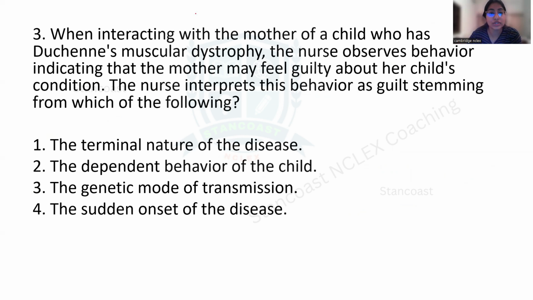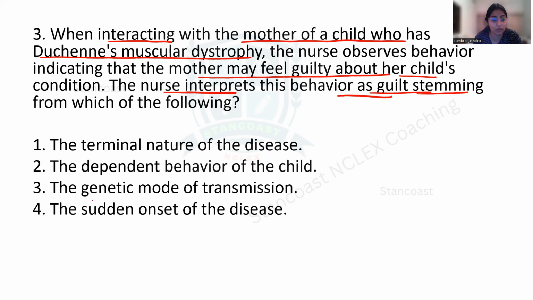In this question, a nurse was interacting with a mother whose child was diagnosed with Duchenne muscular dystrophy, and she came to know that the mother has some guilt about her child's condition. Now, the nurse has to interpret what the cause of this guilt is. From these options, we have to tell what the cause of the guilt is.